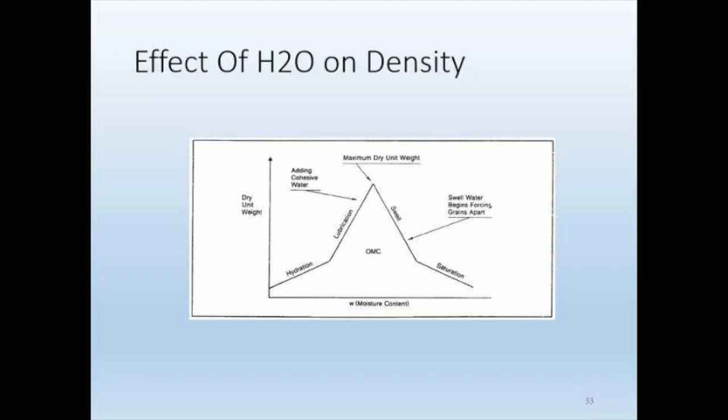And as it becomes more hydrated, they keep adding the same amount of compaction. And as it becomes more hydrated, it gets denser and denser. Our unit dry weight goes up until we hit a maximum unit dry weight. And that point is usually somewhere around field capacity for a soil.